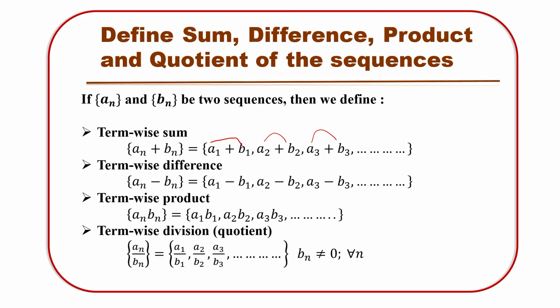Similarly, term-wise differences are a1 minus b1, a2 minus b2, a3 minus b3 and so on. The term-wise product is defined in the same way: a1 b1, a2 b2 and so on. Term-wise division is also the same: a1 by b1, a2 by b2, a3 by b3. But remember, for each n, b_n, the denominator, must be non-zero.